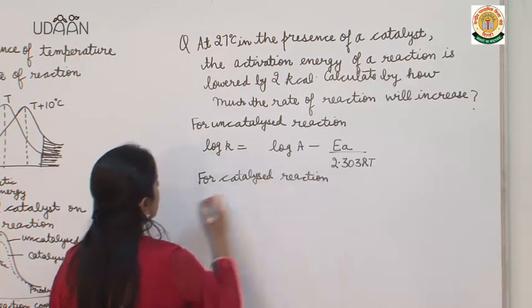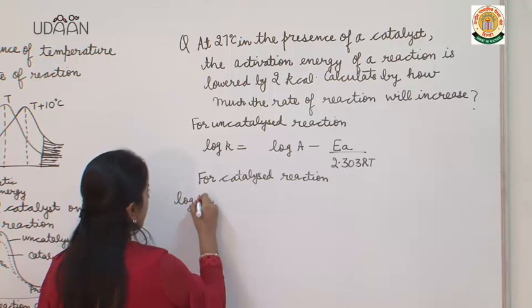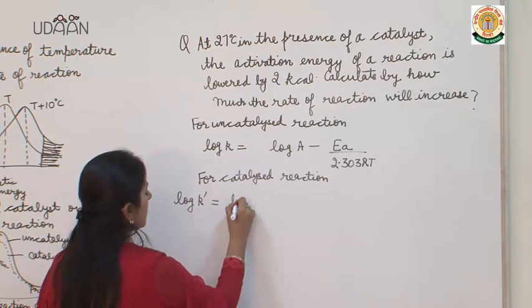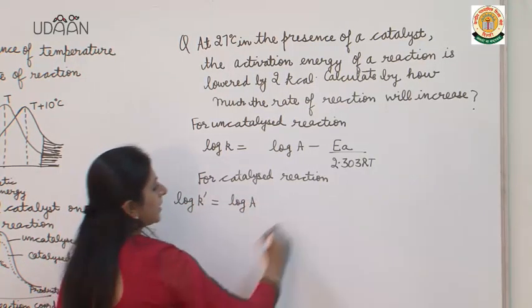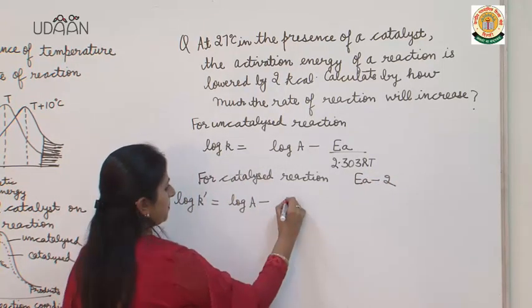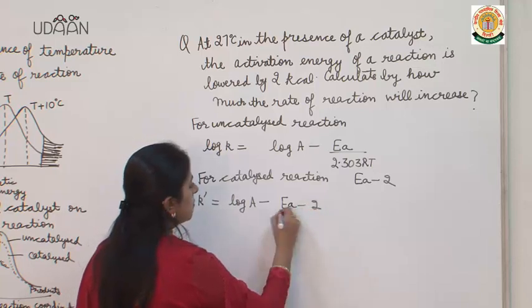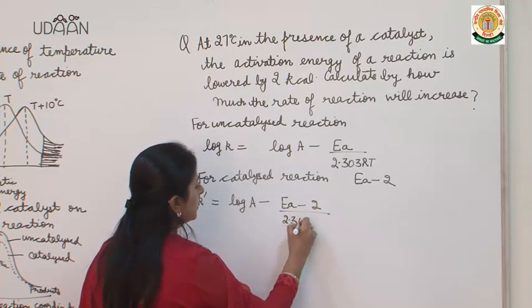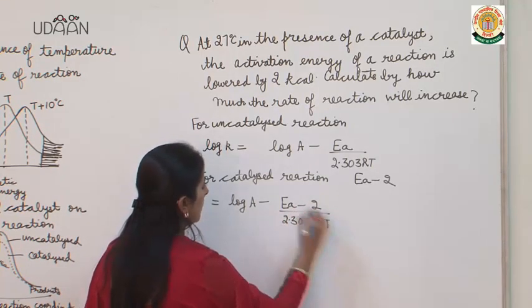let us say that the rate constant is K prime. So it becomes log A and activation energy becomes Ea minus 2. So Ea minus 2 upon 2.303 RT.